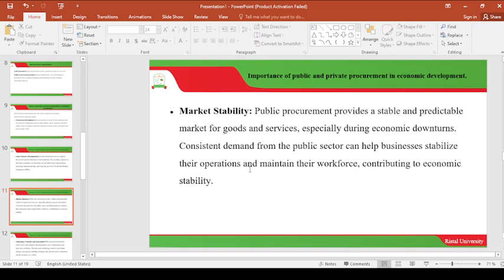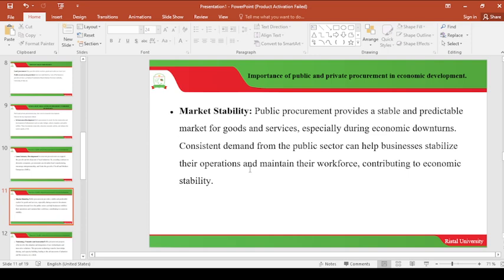Another point is market stability. Public procurement provides a stable and predictable market for goods and services, especially during economic downturns. Consistent demand from the public sector can help businesses stabilize their operations and maintain their workforce, contributing to economic stability.